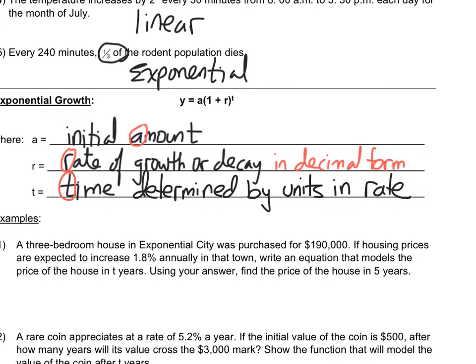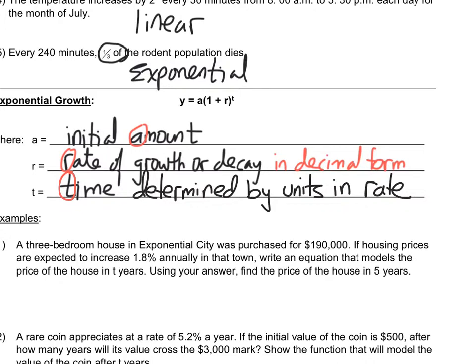All right, so time could be measured in days, weeks, months, millennia, nanoseconds. It all depends on the context of the situation, but a good way to get a clue as to what that unit of time would be is to look at the rate that they give you in the problem. They'll always tell you what the units of time are because the rate will be given as something per something else. That per something will be time.